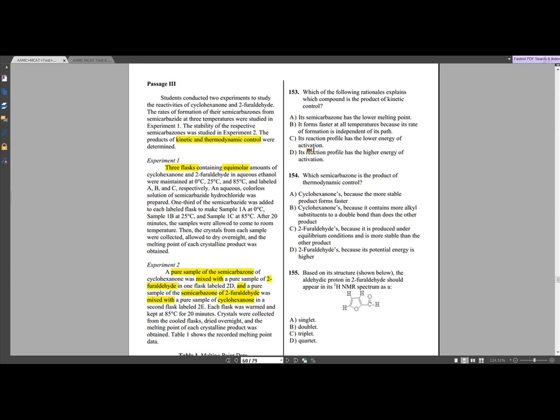No, maybe. Increasing temperature doesn't lower the activation energy. That's only enzymes and catalysts. Lower energy and activation is probably the same thing, maybe. It forms faster at all temperatures because its rate of formation is independent of its path.